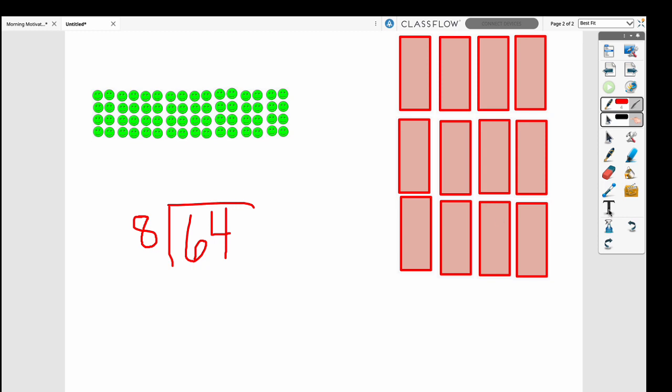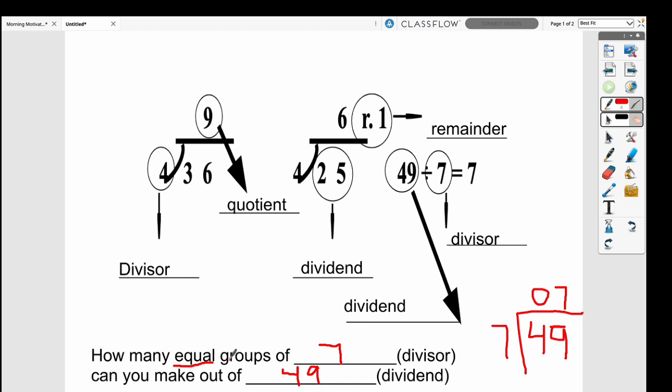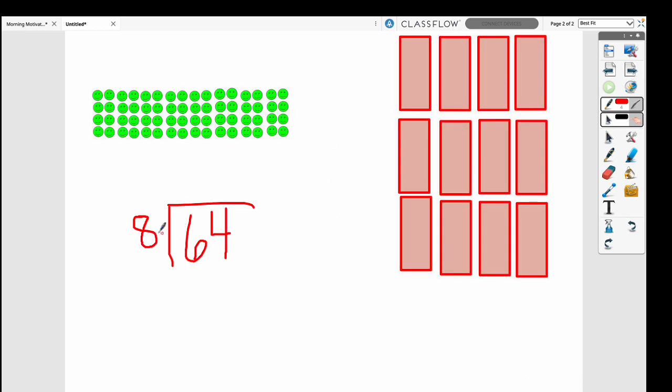So remembering your division question, how many equal groups of blank can you make out of blank? So the question here that we are trying to answer is, how many equal groups of 8 can you make out of 64?